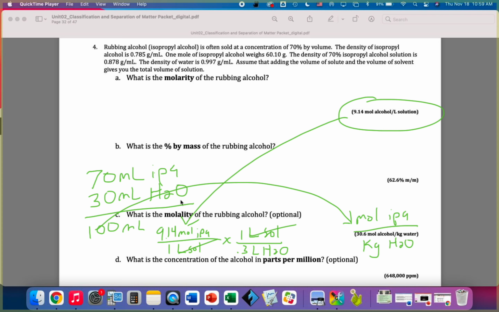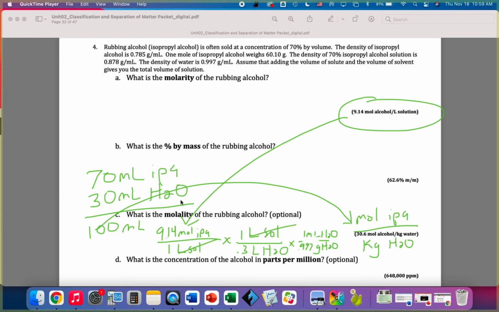Now I need to get that to kilograms. Well, I know the density of water. I want to cancel liters of water and go to kilograms of water. Well, from up top, I know that it's 0.997 grams of water per 1 milliliter.